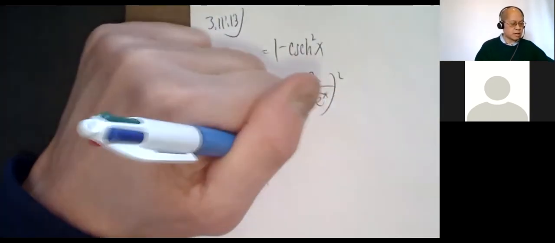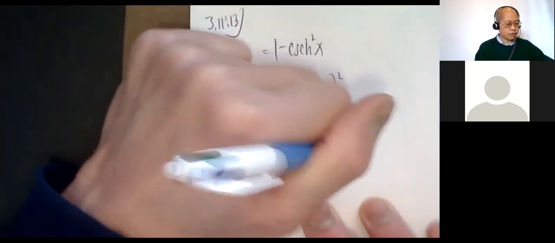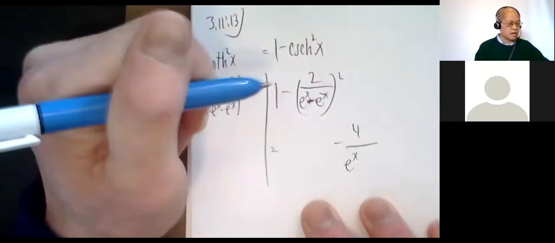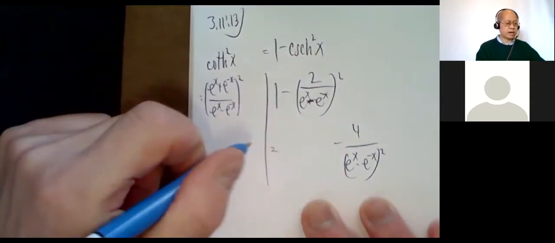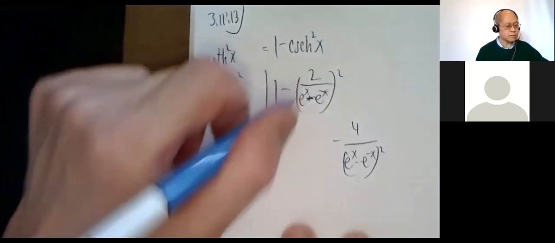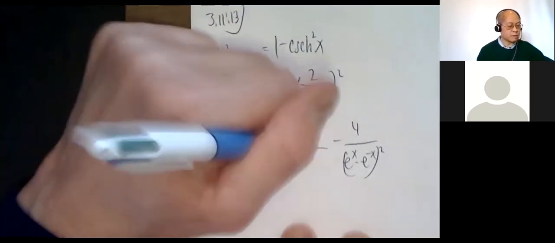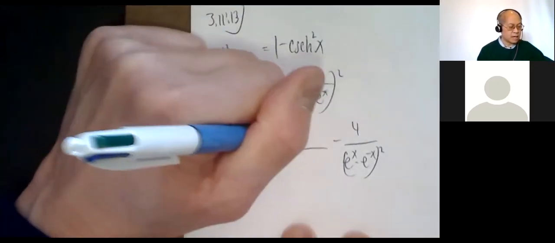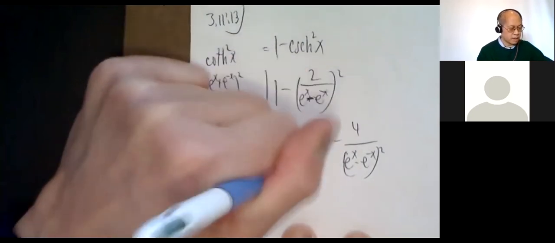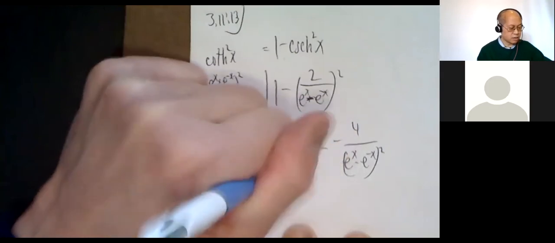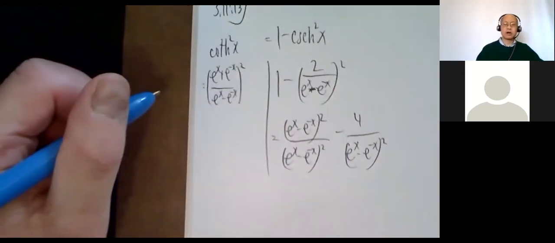So let me work on this side. This is going to be minus 4 over (e^x − e^(−x)) quantity squared. So to get a common denominator, let me put the same thing here: (e^x − e^(−x)) squared.